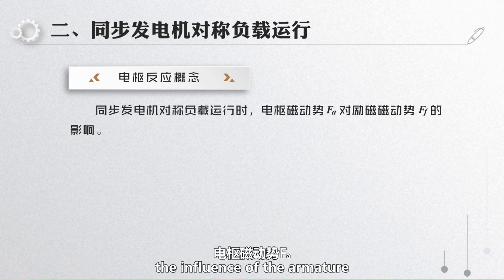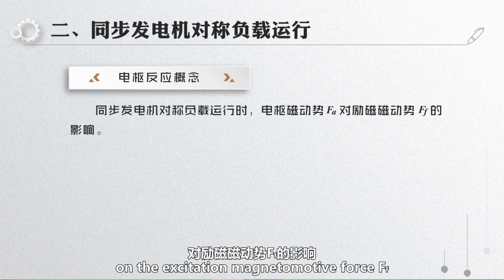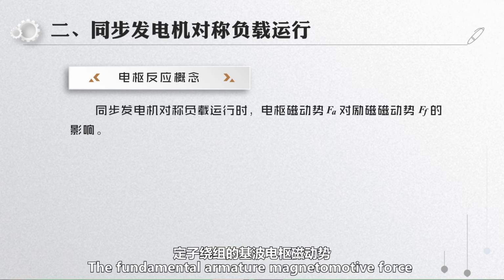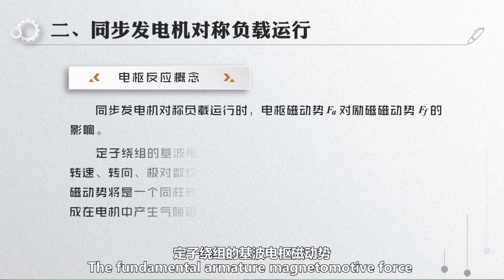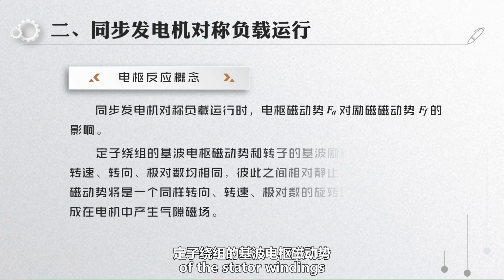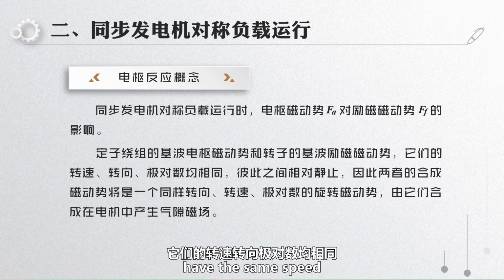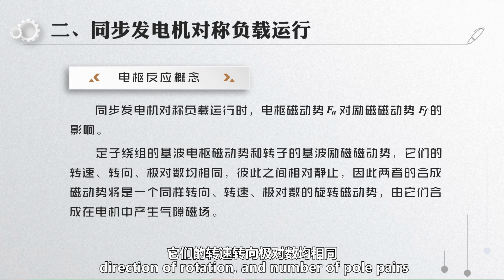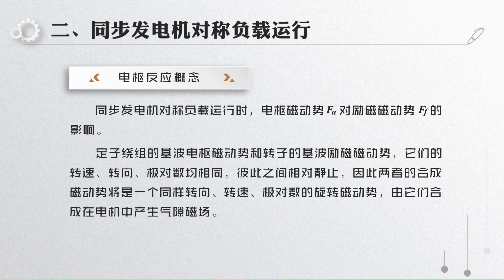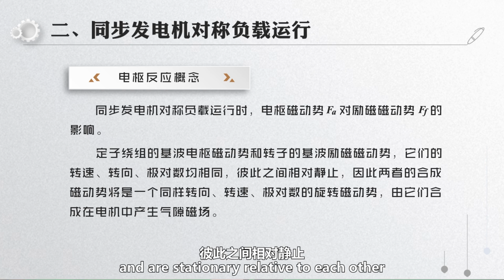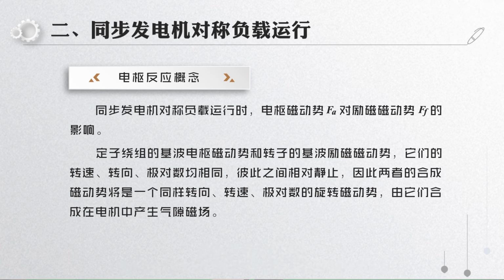The influence of the armature magnetomotive force Fa on the excitation magnetomotive force Ff. The fundamental armature magnetomotive force of the stator windings and the fundamental excitation magnetomotive force of the rotor have the same speed, direction of rotation, and number of poles, and are stationary relative to each other.